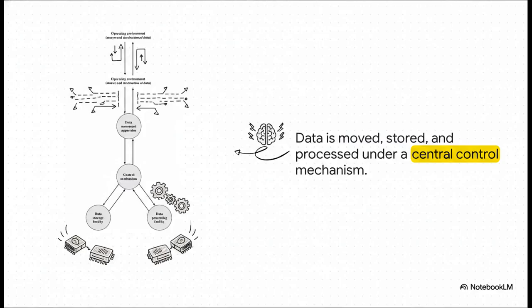Well, a computer needs to be able to process data, right? And it needs a place to store that data. It also needs a way to move that data around, both inside itself and out to the rest of the world. And finally, something has to be in charge, a central control unit that plays traffic cop, telling all the other parts what to do and when. Store, process, move, and control. That's it. That's what a computer is.